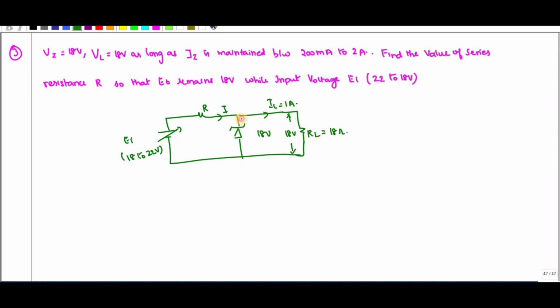So this is your I and this is your IZ. I can write I is equal to IZ plus IL.